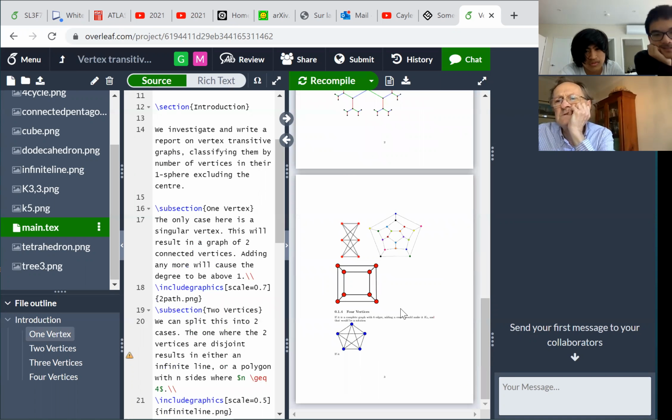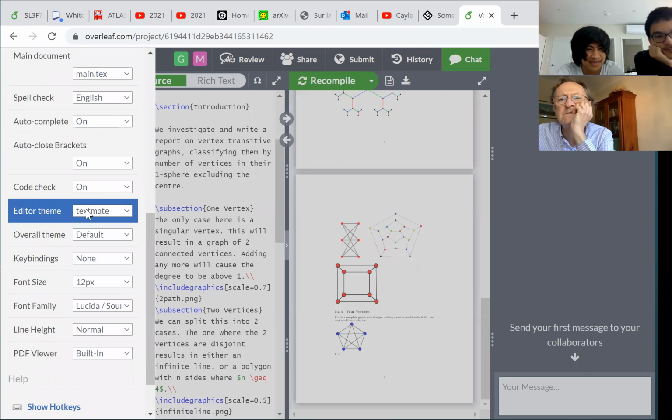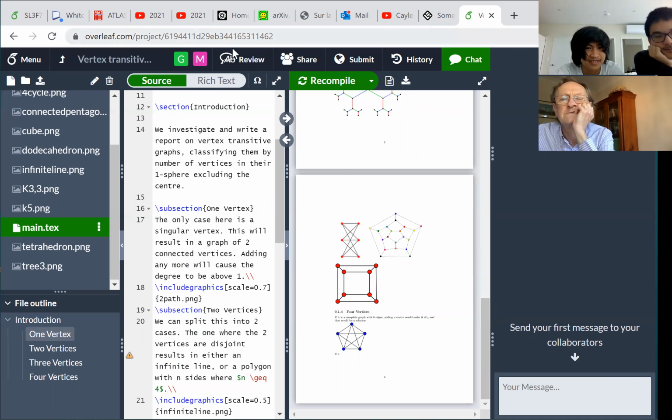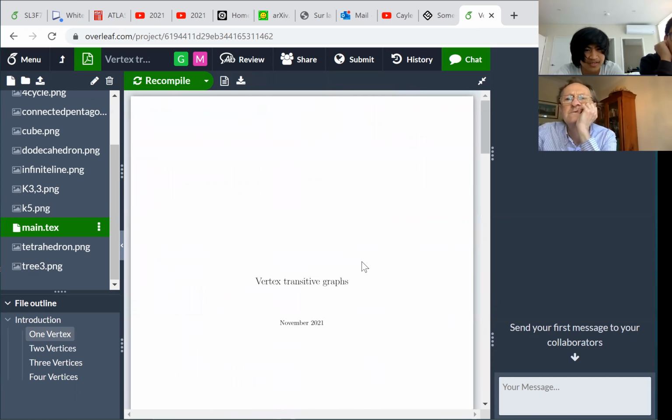Can you kill messages? Just full screen back.